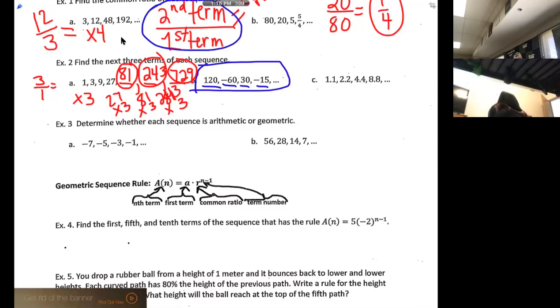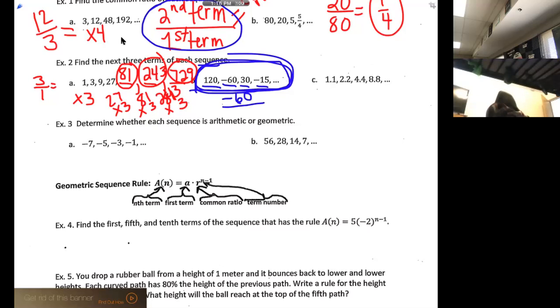What's the second term in this problem? Anybody? Negative 60. What is the first term in this problem, Ethan?